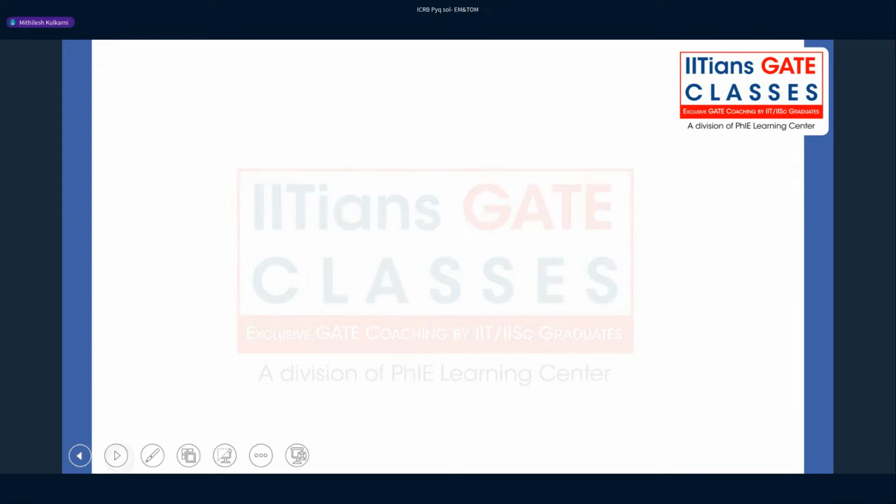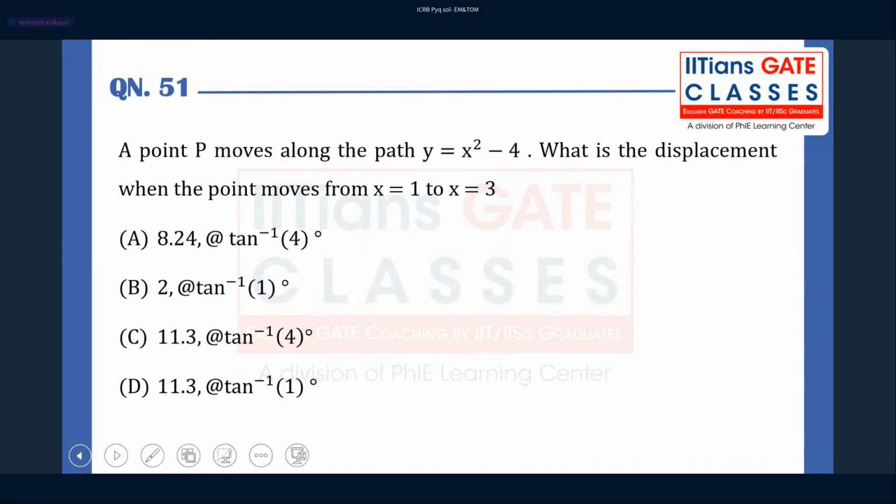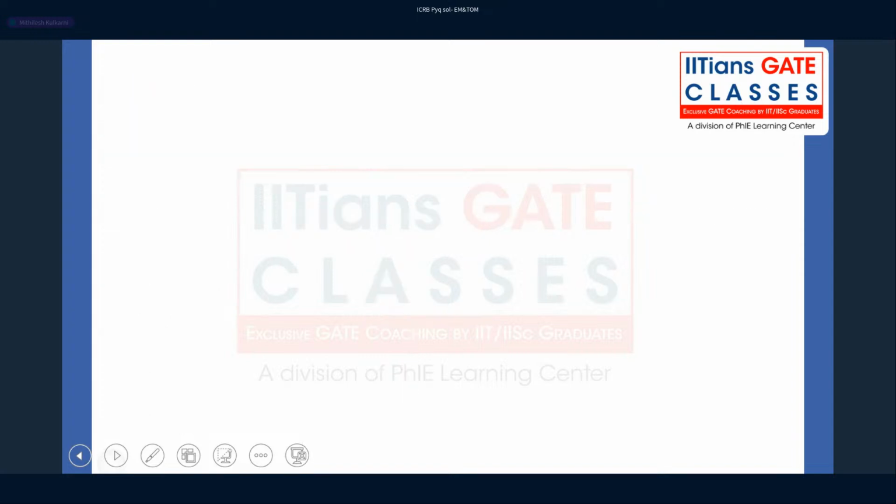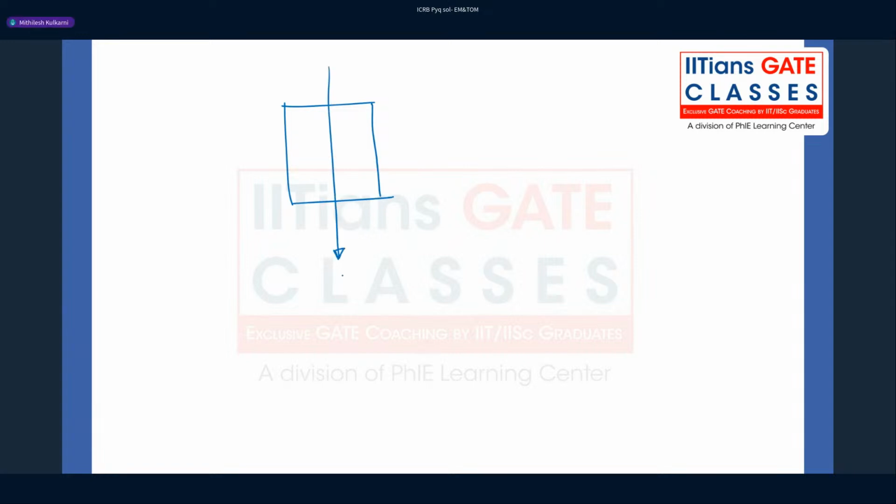Let's try to draw the free body diagram of this block. In the free body diagram, we can clearly see the weight of the block acting in the downward direction, 20 into 9.81 newton. We have one force F, which they are asking us to calculate, at a 30-degree angle.